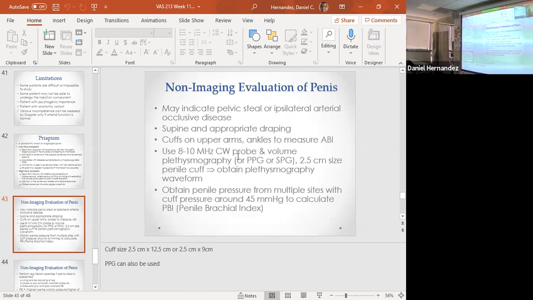We use the continuous wave probe, our little pencil probe, and we use volume plethysmography. The cuff size we use is a small 2.5 centimeter penile cuff. We do this to obtain plethysmography waveforms. So we're going to get our little PVR waveforms of volume recordings. We also obtain penile pressures from multiple sites with a pressure cuff around 45 millimeters of mercury to calculate a penile brachial index.